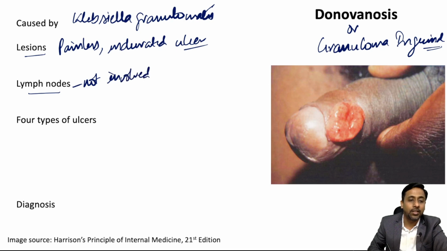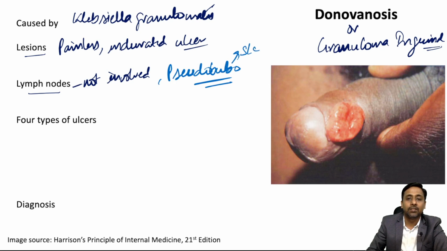So what is present? I told you in the table that instead of lymphadenopathy, what we can see? We can see pseudobubo. And what is that pseudobubo? It is nothing, it is a subcutaneous extension of the infection to the inguinal region, and this inguinal region will swell and look like adenitis, but this adenitis is not true adenitis.